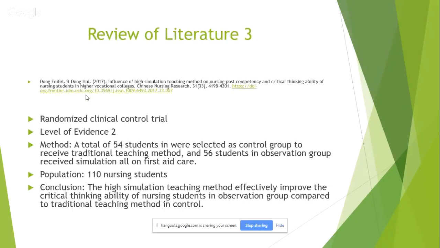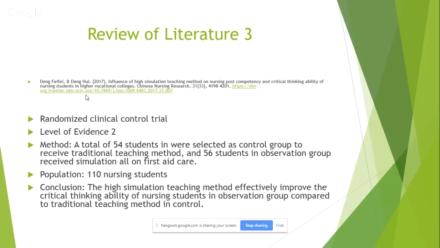Then the third review of literature was by Deng and Deng. This was on the influence of the high simulation teaching method on nursing post competency and critical thinking ability of nursing students in a vocational college. This was a randomized control trial done on 110 nursing students.